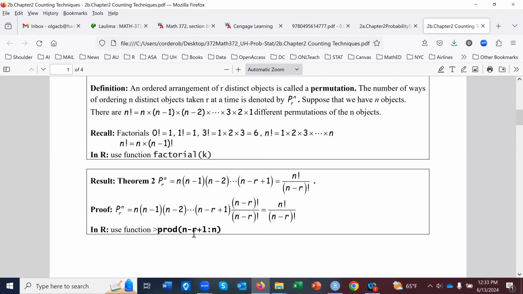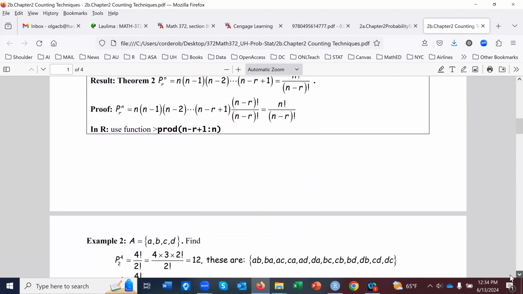So for these calculations, I will use the product function, because I only want the first n, n minus 1, all the way to n minus r plus 1.